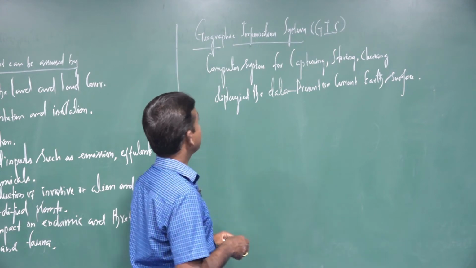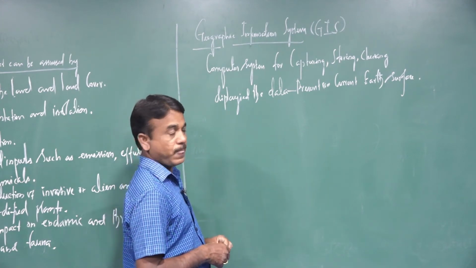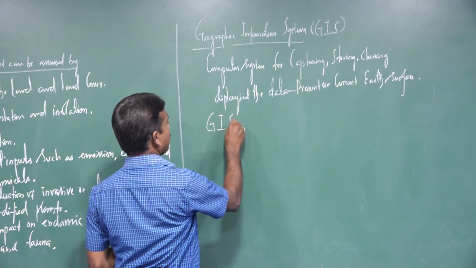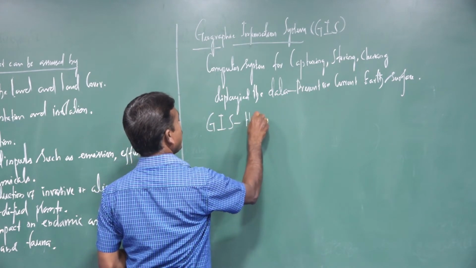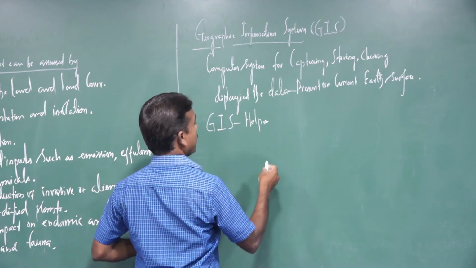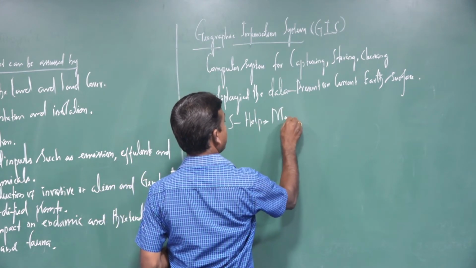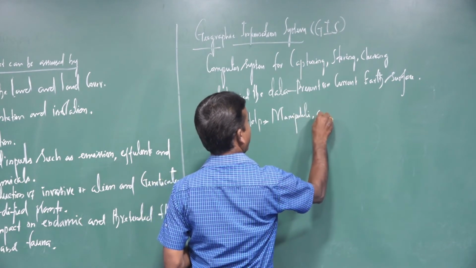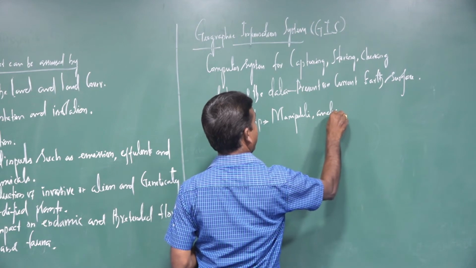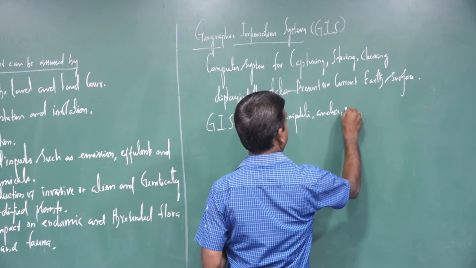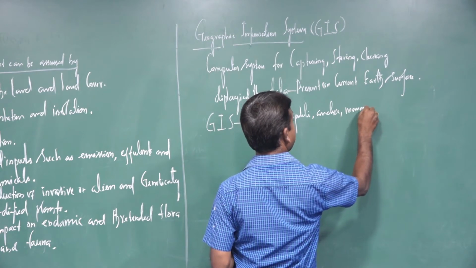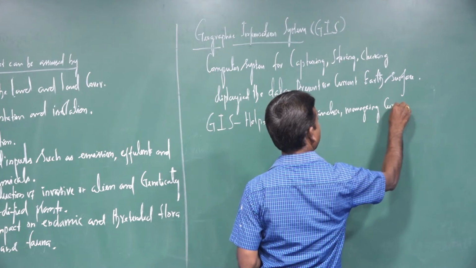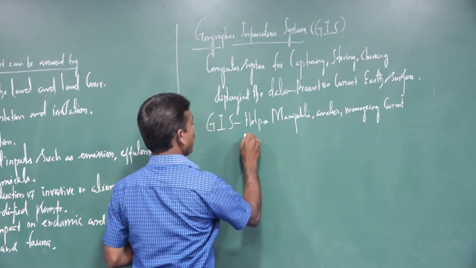That is commonly called the geographic information system. The geographic information system also helps to manipulate, analyze, and manage current geographical data.